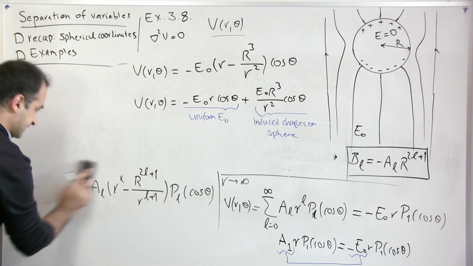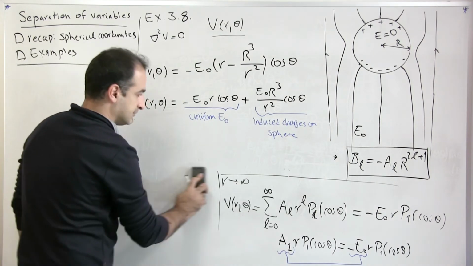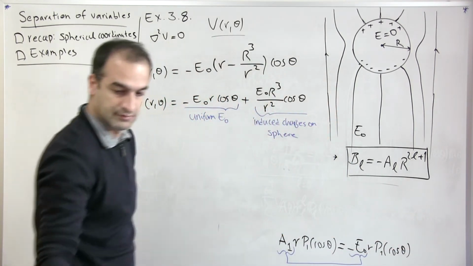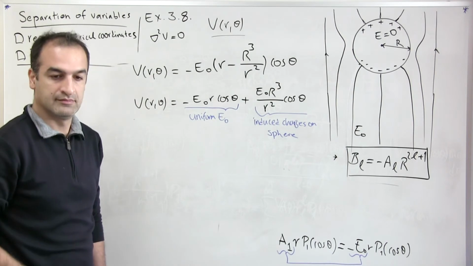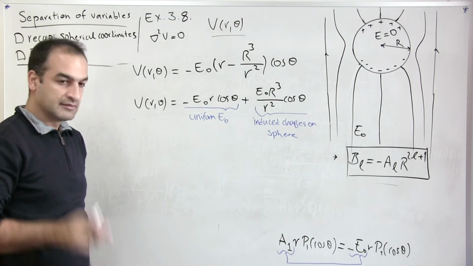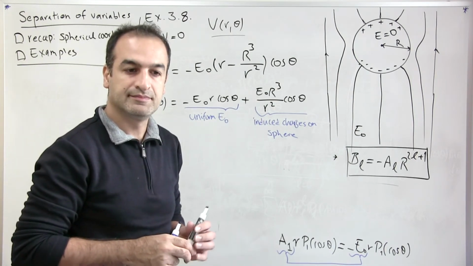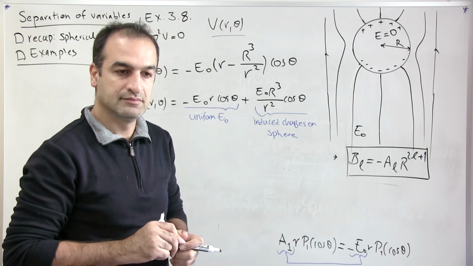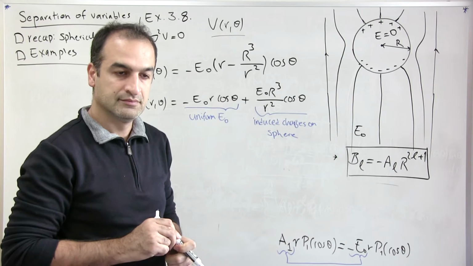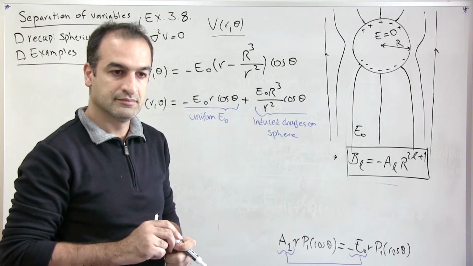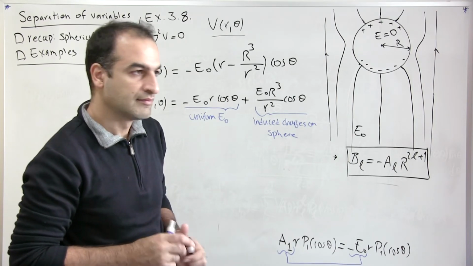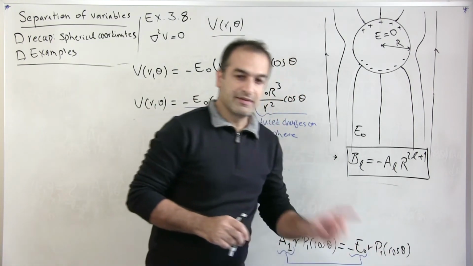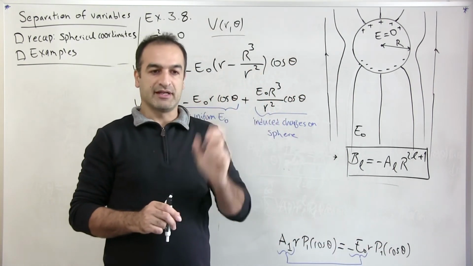Professor? Yes. When we have PL cosine theta, is it PL of cosine theta? Can you repeat, please? When we have PL parentheses cosine theta, does that mean we're plugging in the cosine theta for x, or is it just PL times cosine theta? No, when we write PL cosine theta it means instead of x, use cosine theta.